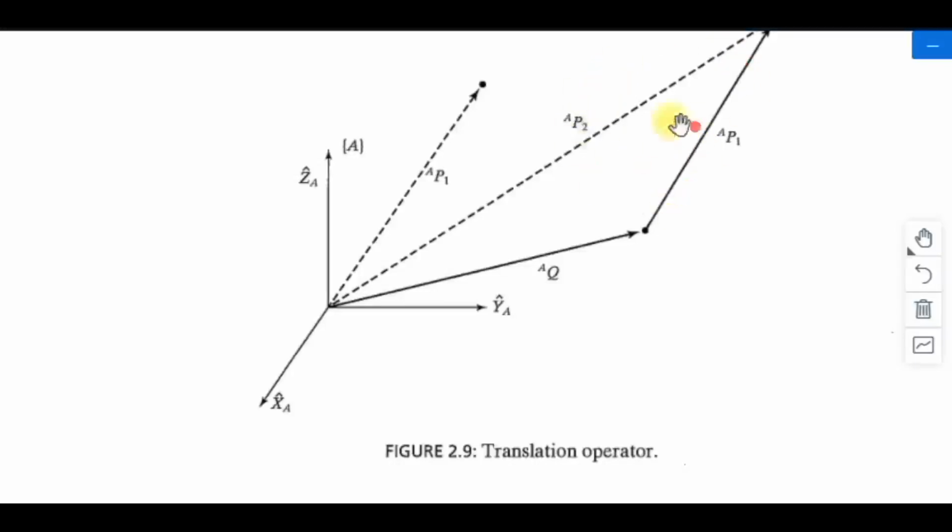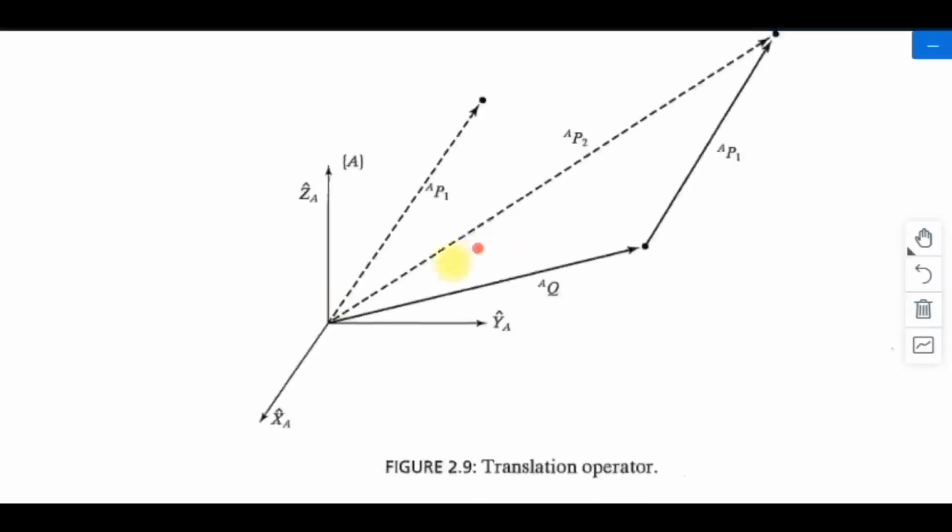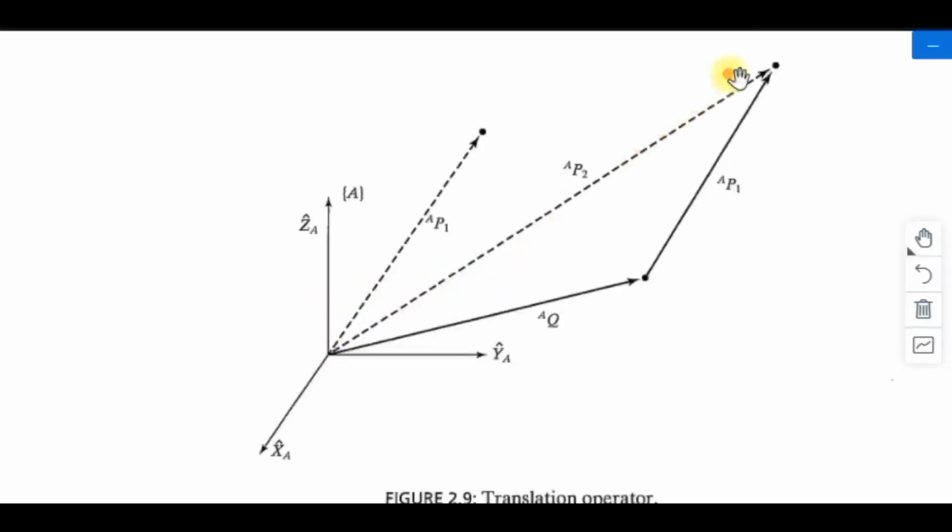Based on that, it does not matter. The matter is that there is a previous location and the point is moving. We consider that the vector is fixed, this coordinate is fixed, but the point is moving.